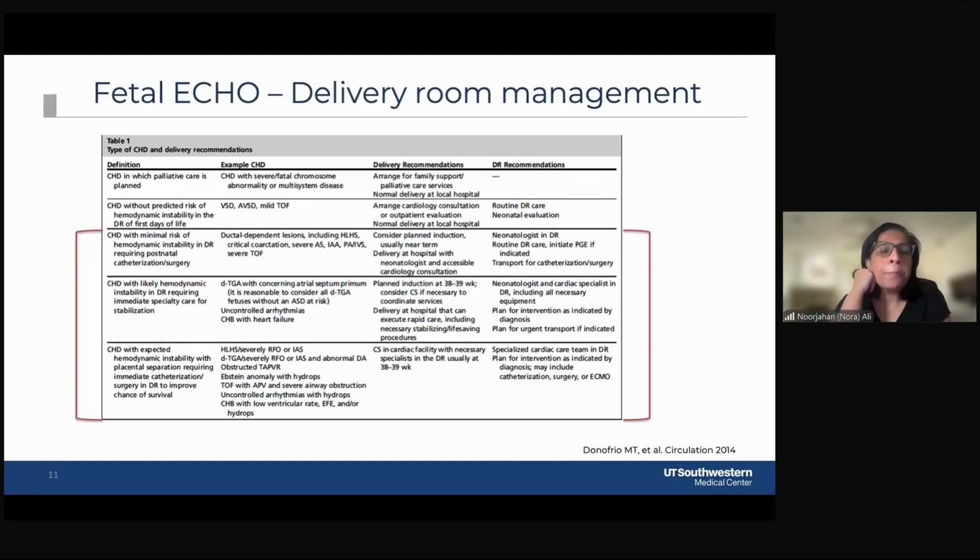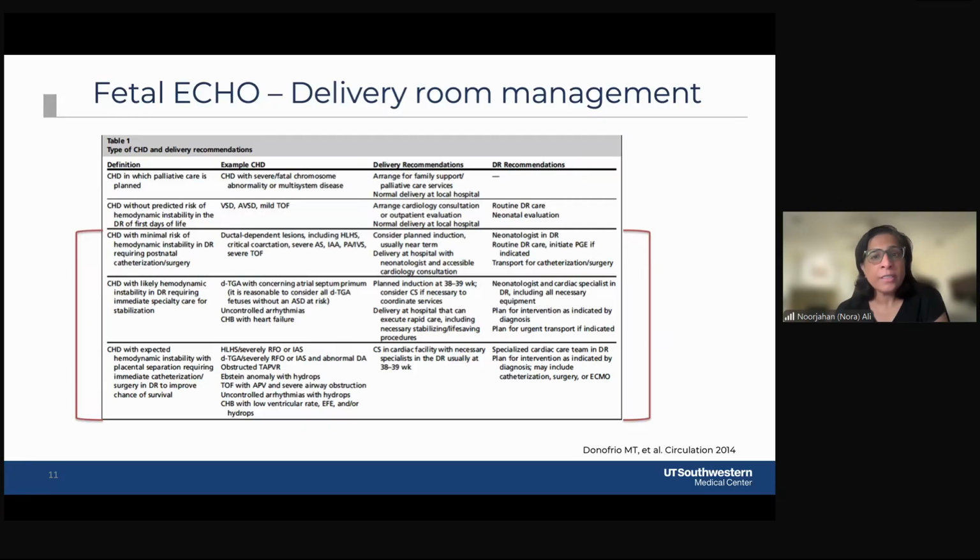So, for example, let's take congenital heart defects that are minimal risk for hemodynamic instability in the delivery room. Those are your ductal-dependent lesions, like hypoplastic left heart, critical coarct. For those deliveries, if we know we're expecting that baby, we want to stabilize everything and make sure we have all the appropriate resources. So perhaps these are the ones where we may want to plan an induction, hopefully closer to term.